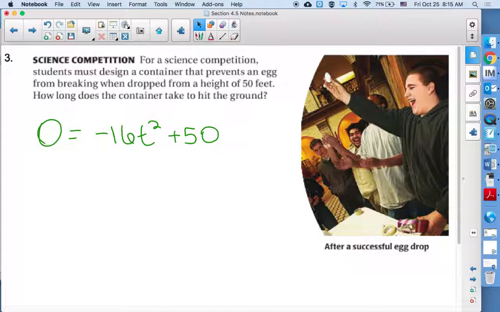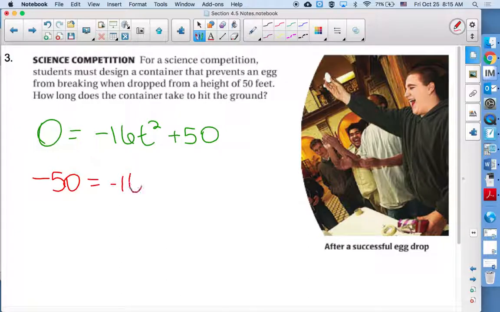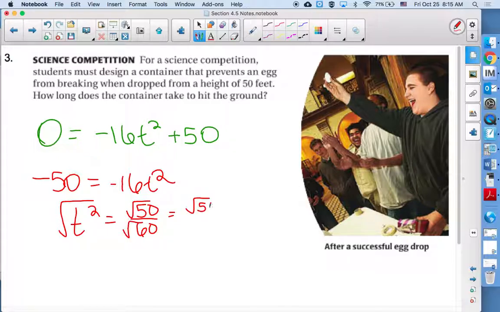If it hits the ground, it's just a 0 there. So we're taking the 50 to the other side, and then we're dividing by 16. So we have 50 16ths, and we're taking the square root. So you're taking the square root of 50 16ths, not 60ths. Oops.